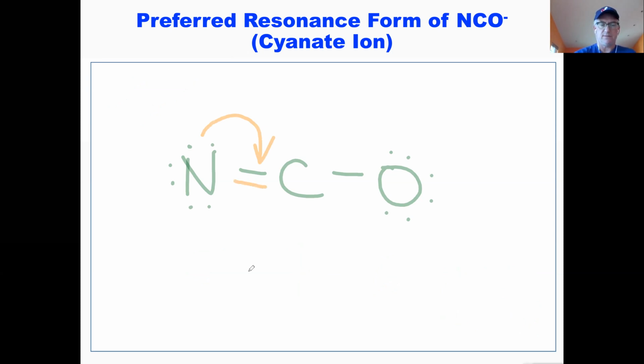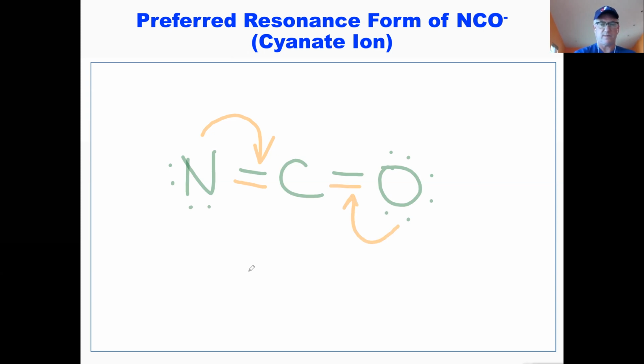And so let's get rid of these. Okay, so now nitrogen still has its 8, but carbon still only has 6. So what are we then going to do? A double bond between carbon and oxygen. There we go. Let's do that. So we'll move this lone pair in between.